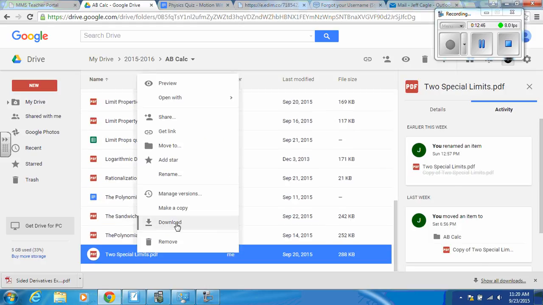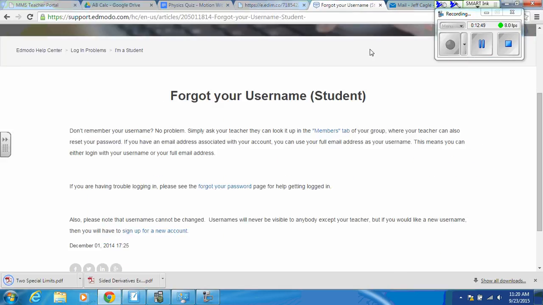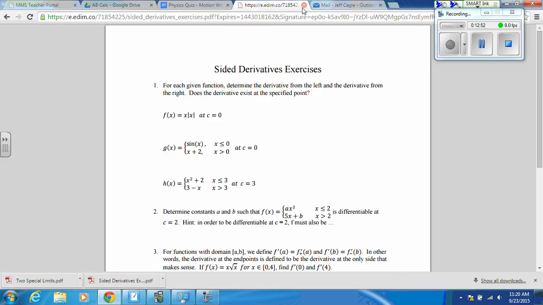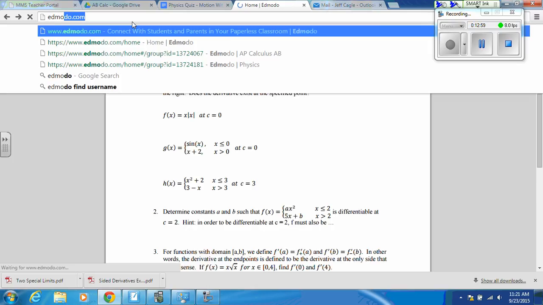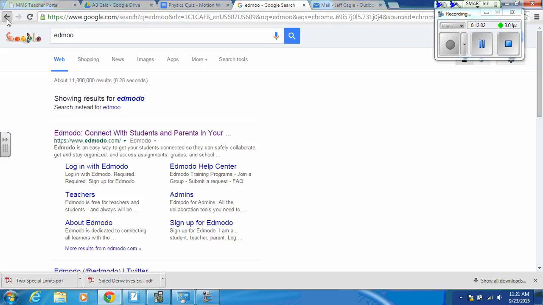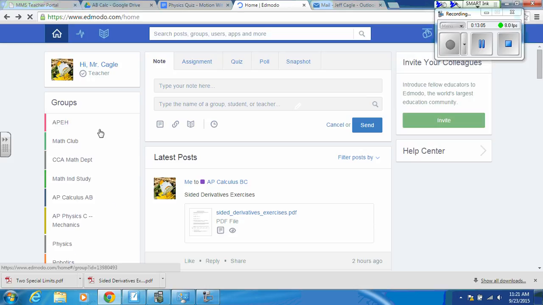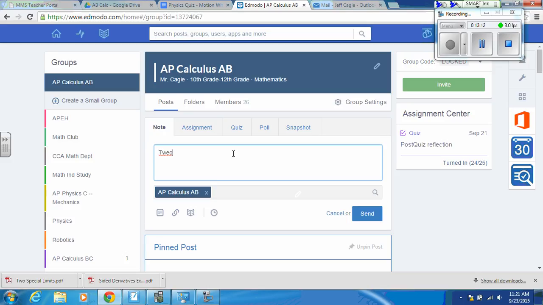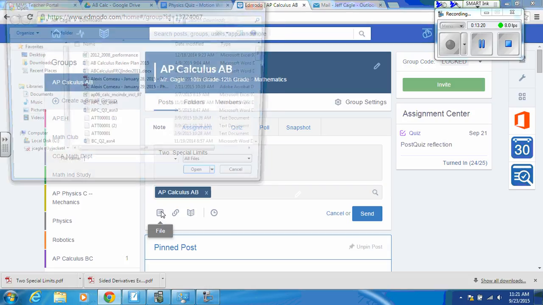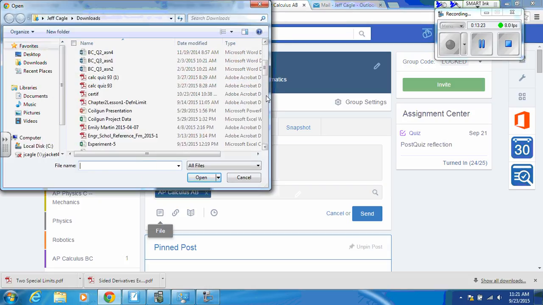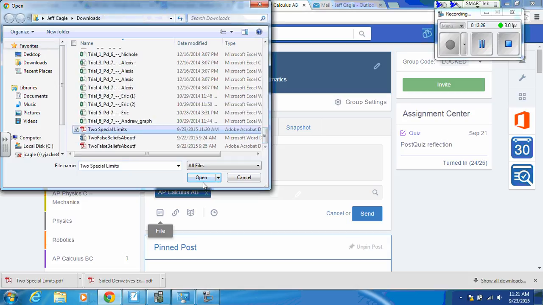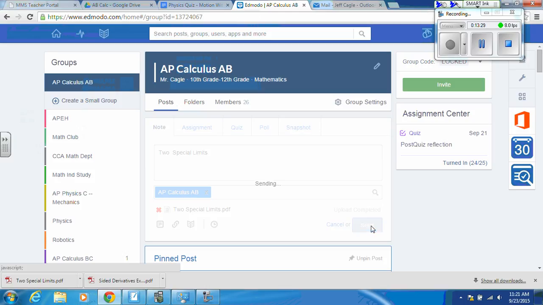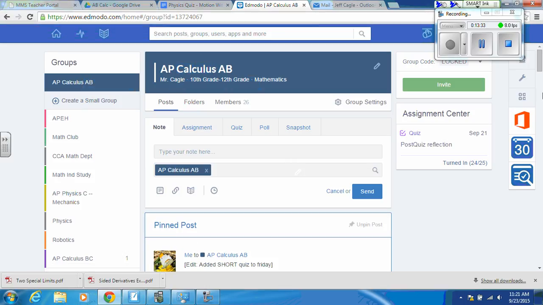2 special limits. Download. Okay, now you should be able to have it.